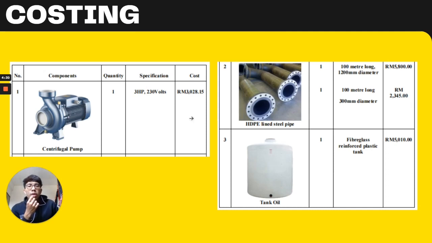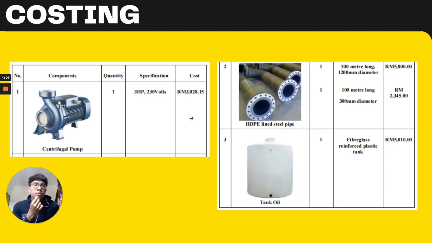And then we go through the HDPE lined steel pipe. We use two types of pipe, the first one is 100 meter long with 1200 millimeter diameter, and the second one is 100 meter long and 300 millimeter diameter.